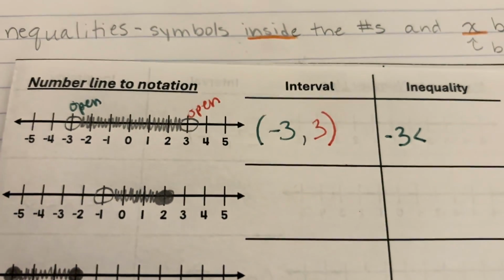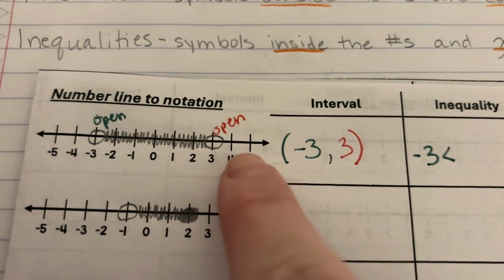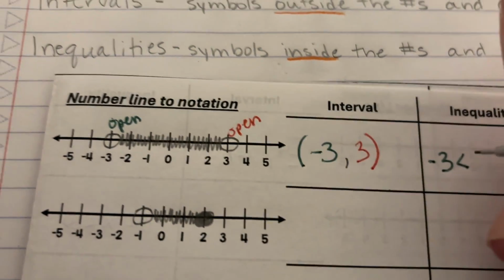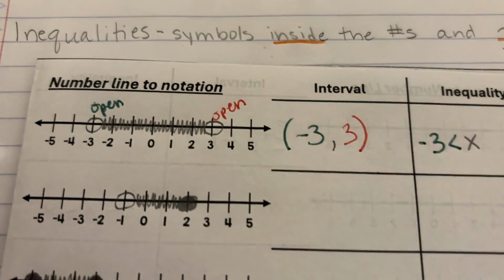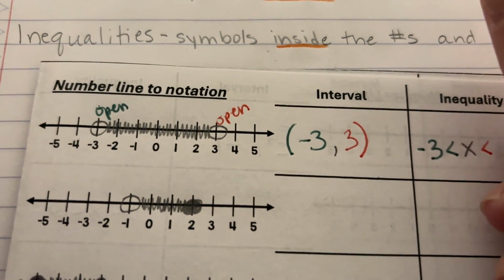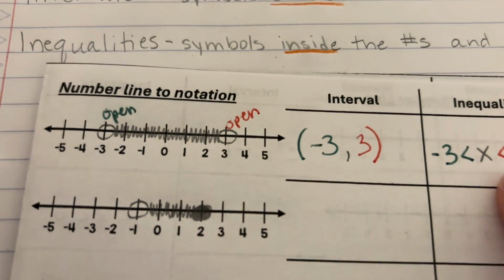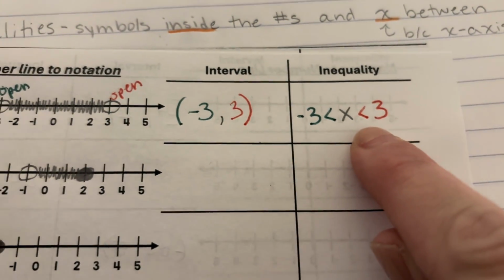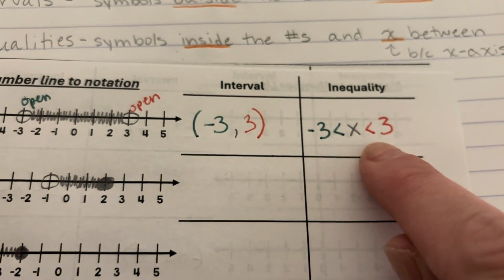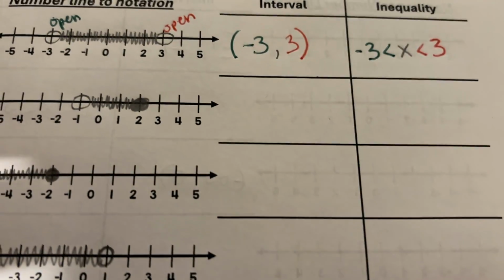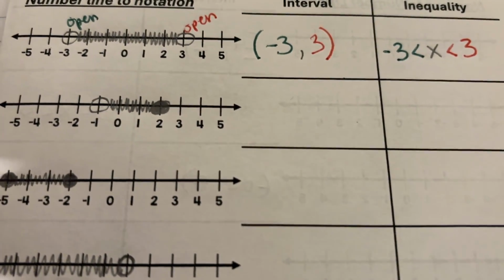Technically, this is the x-axis, so that's why we have an x in between. And then we ended with a 3, and again, it was an open dot, so I need to use the inequality that matches, which in this case is the less than sign, or just the mouth. All right, there we go. Sorry that the camera's jumpy.